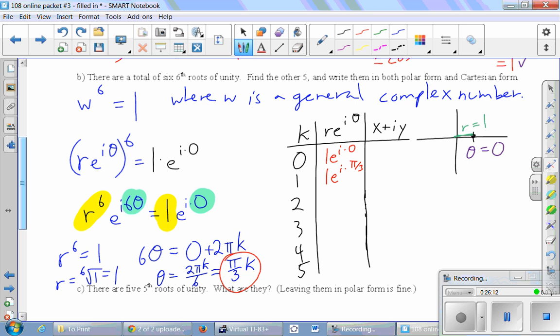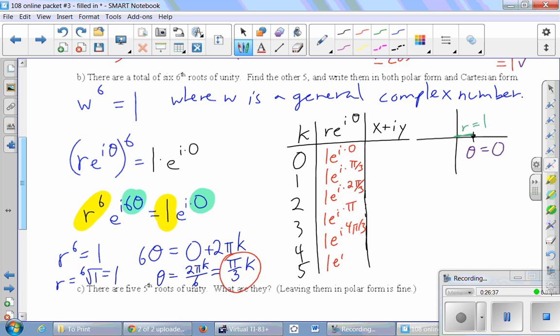Okay, next one, 1e^(i·2π/3). 1e^(i·3π/3), which you can reduce. 3 pi over 3 is just pi. 1e^(i·4π/3).